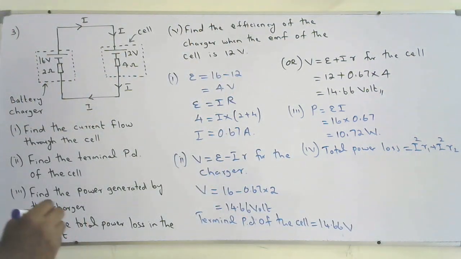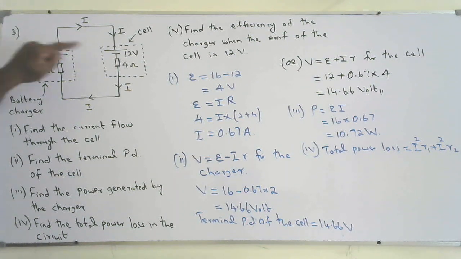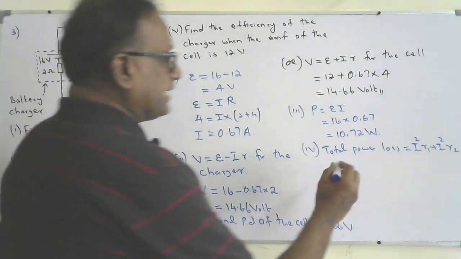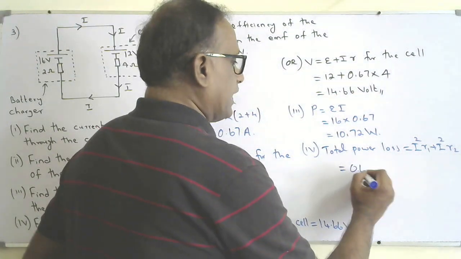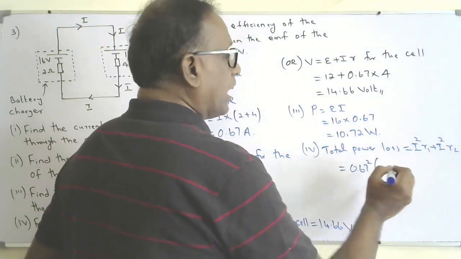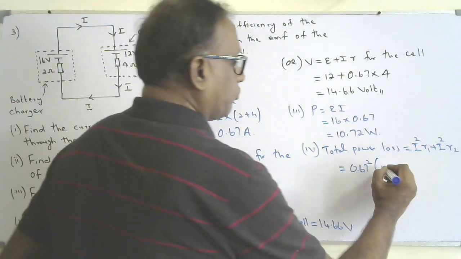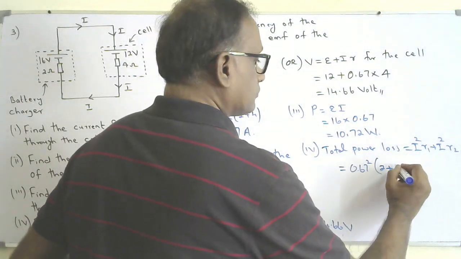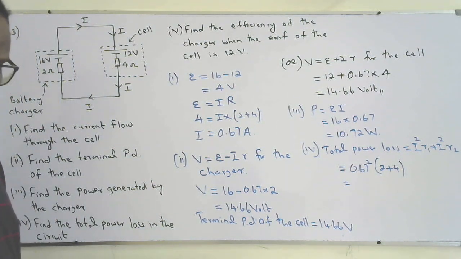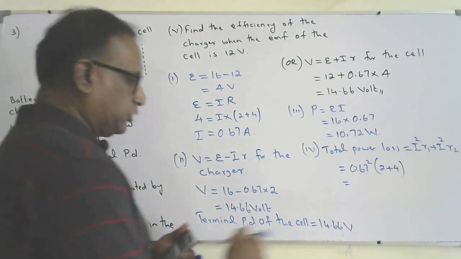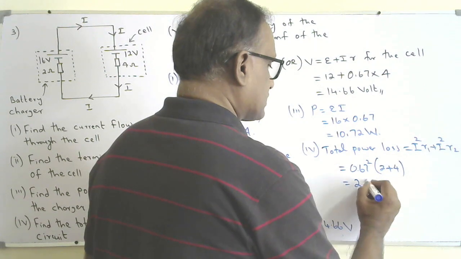R1, R2 are the internal resistances of the charger as well as the cell. So I squared, I can take common. So I squared will be 0.67 squared times R1, 2, plus 4. So that will be 2.69 watts.